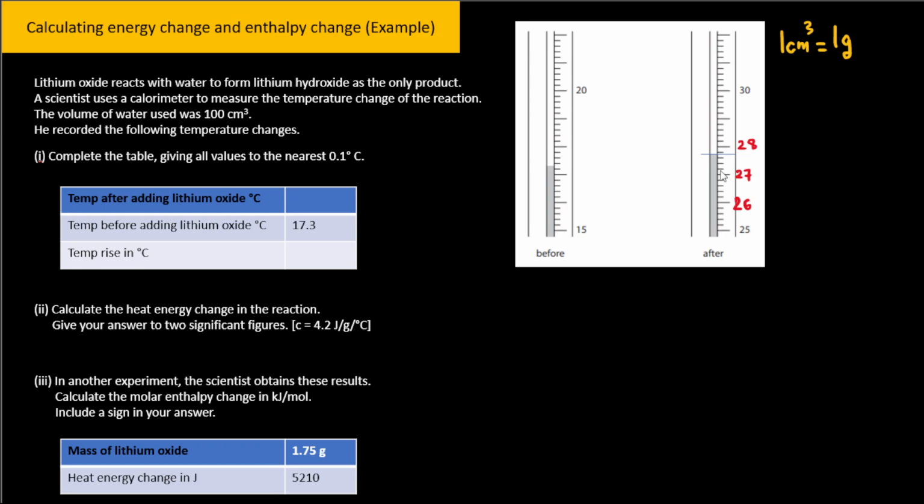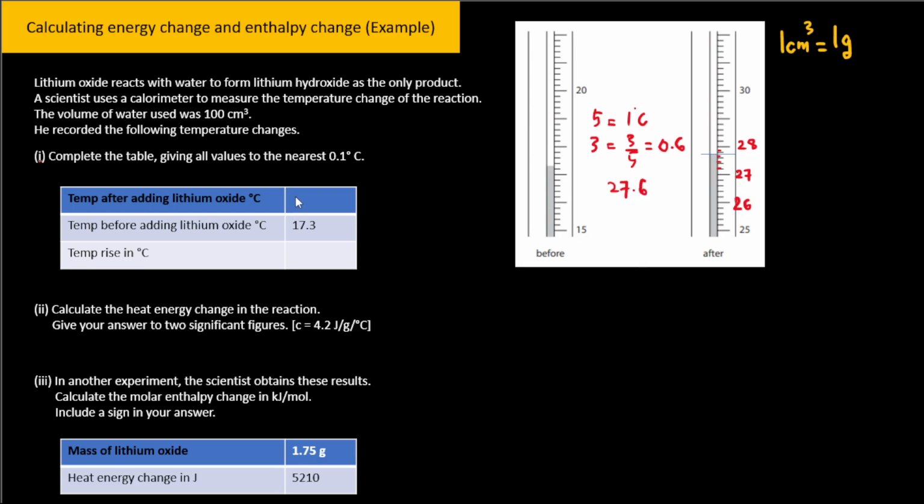How many lines do we have? 1, 2, 3, 4, 5. If 5 lines are 1 degree Celsius, how many lines do we have here? 3 lines. So 3 divided by 5 gives us 0.6. It starts from 27, so our temperature here should be 27.6 degrees Celsius.